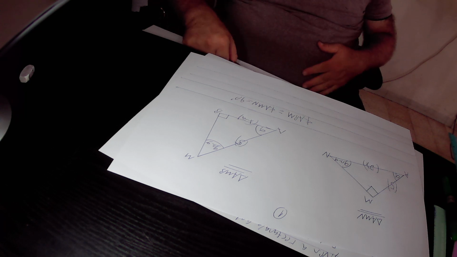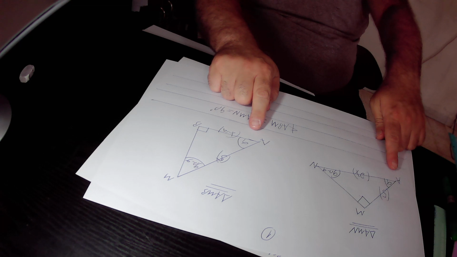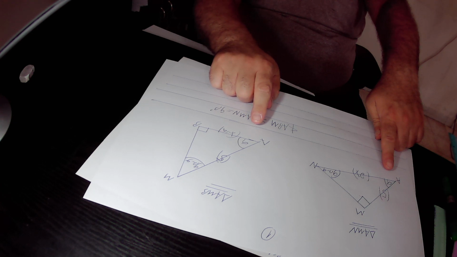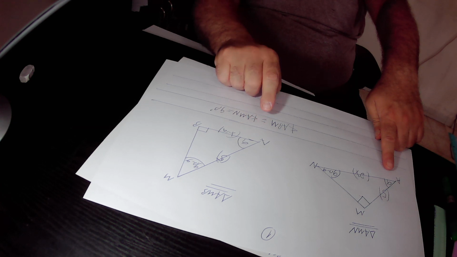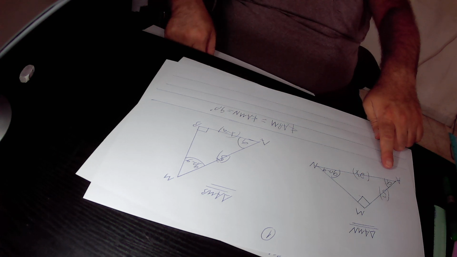In addition, this angle is a common angle that belongs to both triangles. Okay, so we can write down that angle A equals itself, a common angle that belongs to both triangles. If we relate to angle A as it belongs to the right triangle AMN, it will be defined as angle MAN.